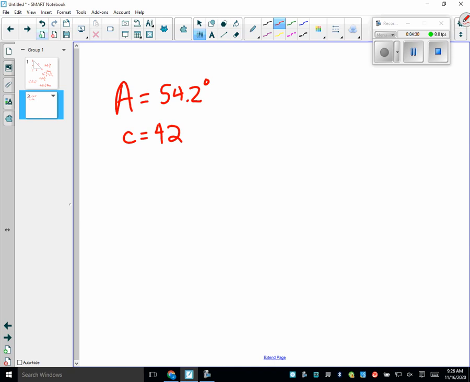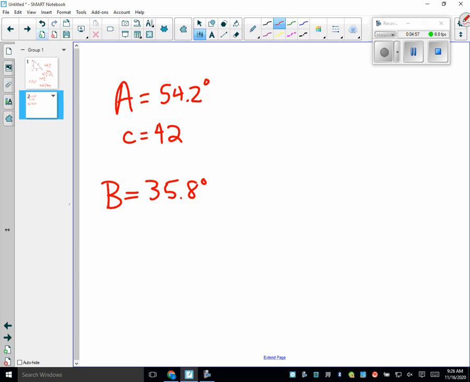So I can find angle B very simply, can't I? What is angle B? 35.8 degrees. And remember, you have to put a degree sign. Why? Otherwise it's radians.